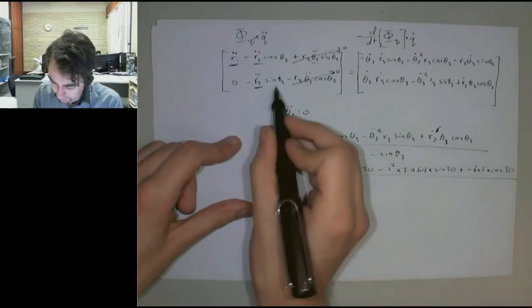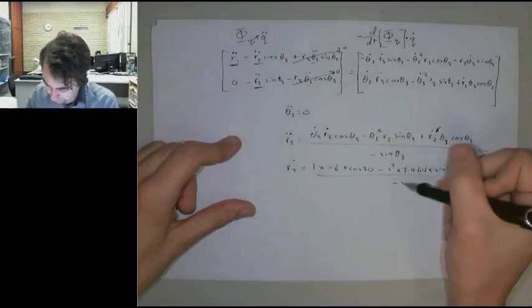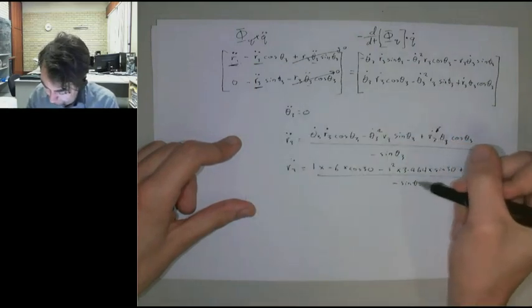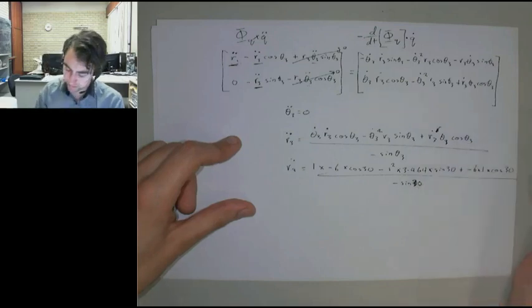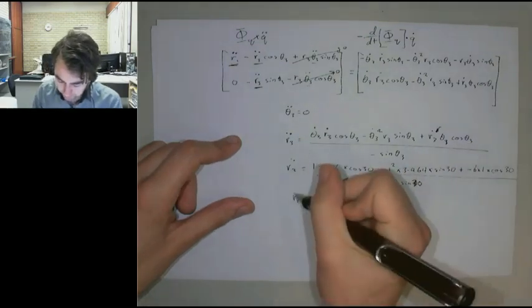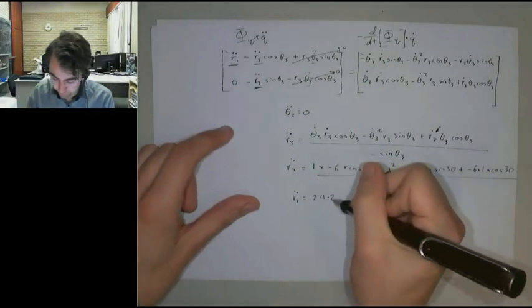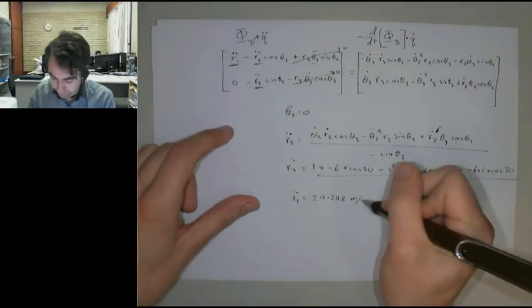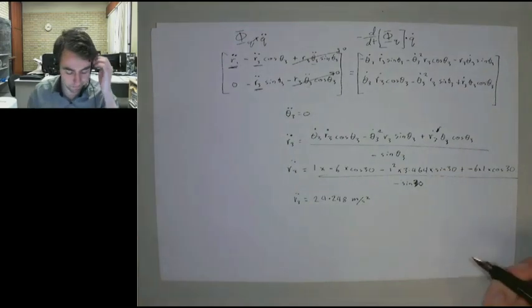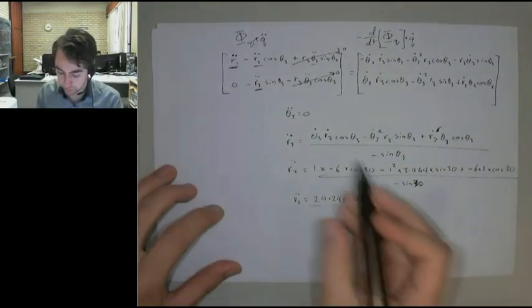And dividing all that by our minus sin theta 3, or sin 30. And we'll get an acceleration across length 3 of 24.248 meters per second squared, positive. And now we can put this into our top term.